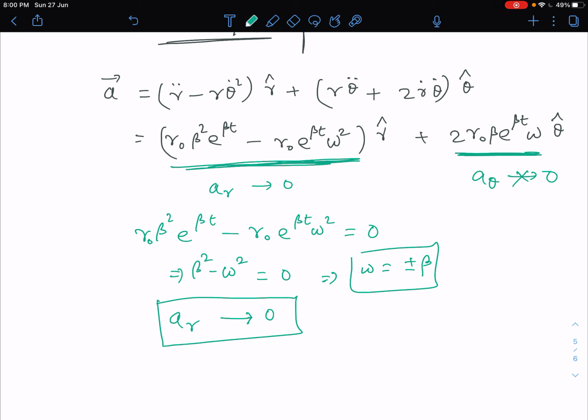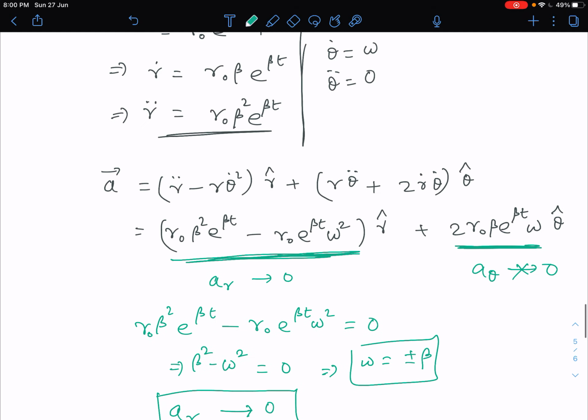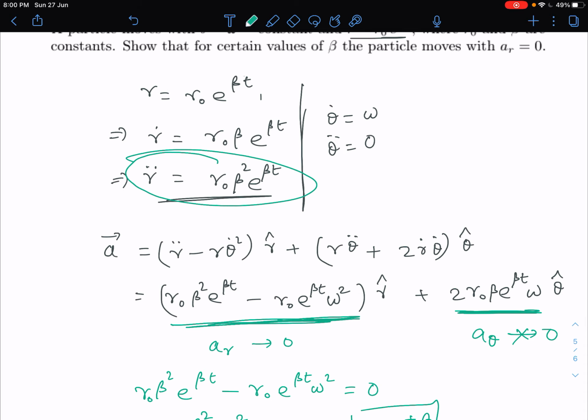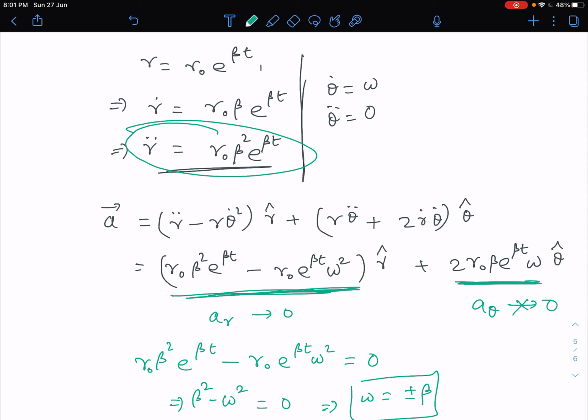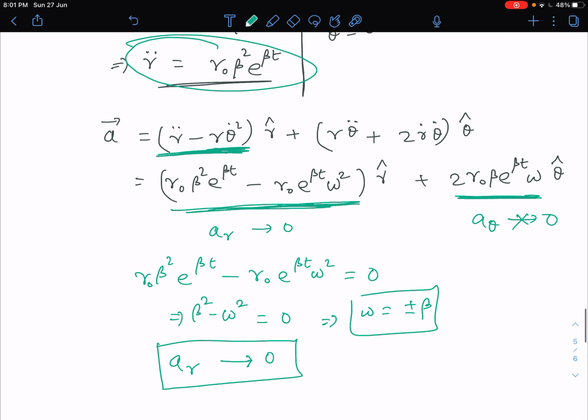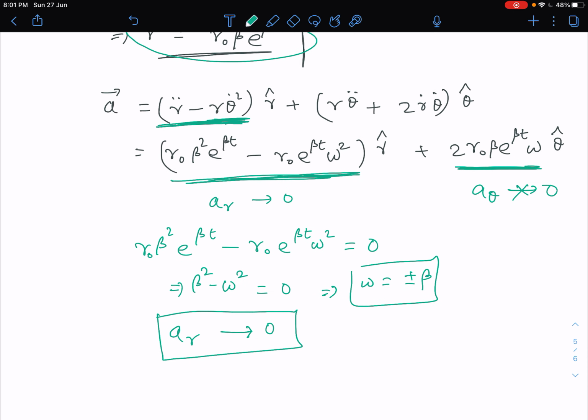The error in thinking is that r double dot makes the only contribution. We earlier thought r double dot makes the only contribution to the acceleration, but here the counterpart, r theta dot square, is being subtracted from the original term. So these two parts together make the total contribution. That's why the radial part can go to 0, but the tangential part in this case will never go to 0. So that's the thing.